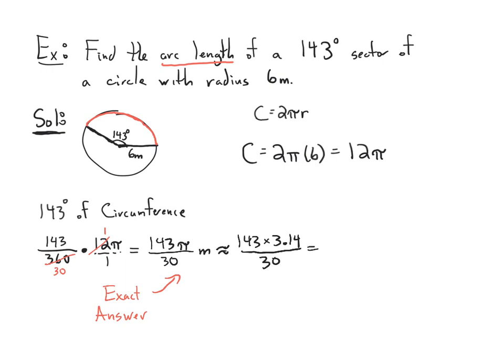I'll leave that as a little exercise for you, but nothing too bad. I will say that you'll get, to 2 decimal places, 14.97 meters. So the length of this arc here is 14.97 meters.